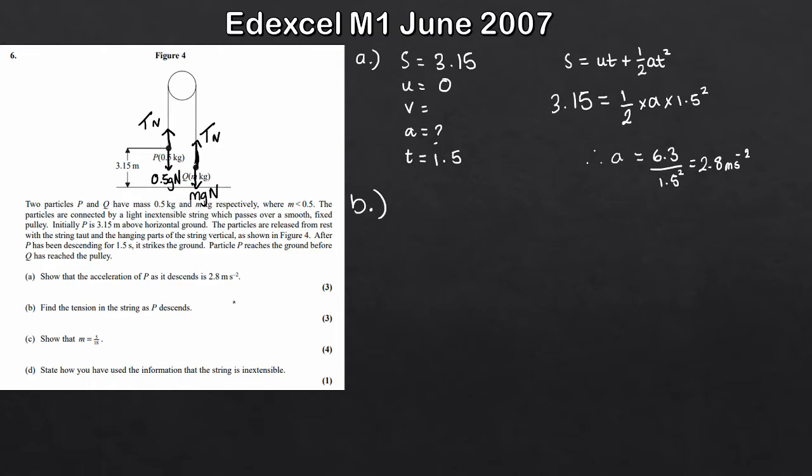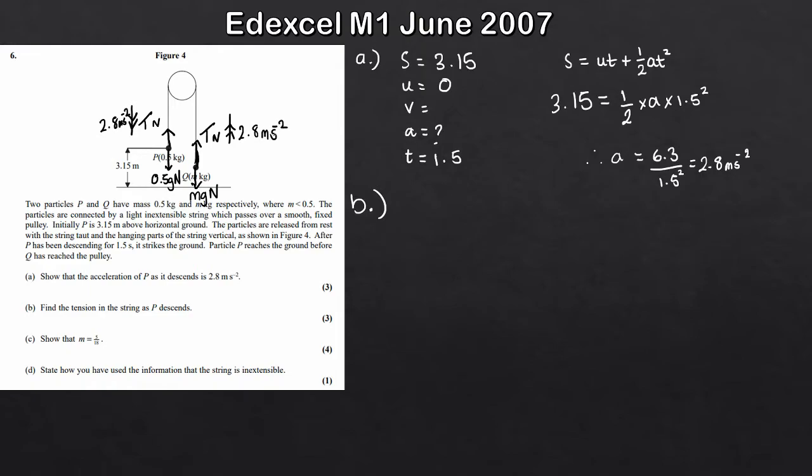Let's also model the motion of the particles. So we know P is descending, so P is descending with acceleration 2.8 for that part. And again, the acceleration will be the same because it's a light inextensible string. So this particle will go up with the same acceleration. Okay.